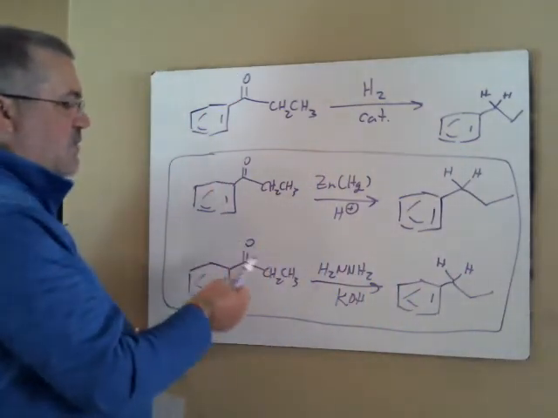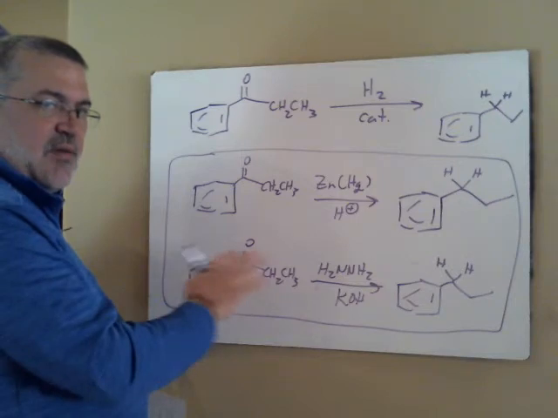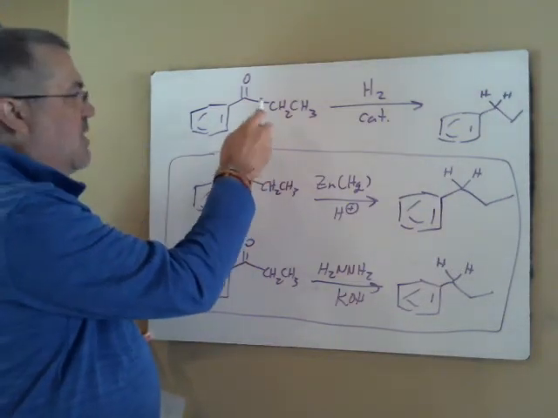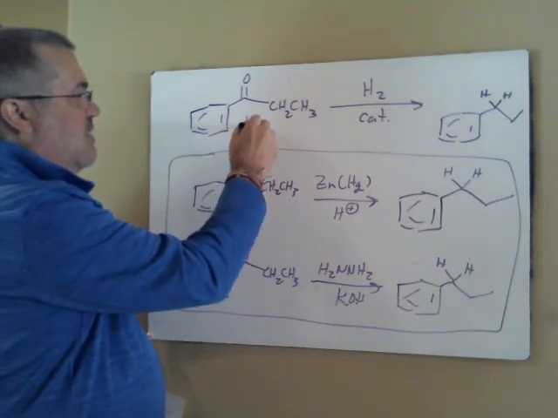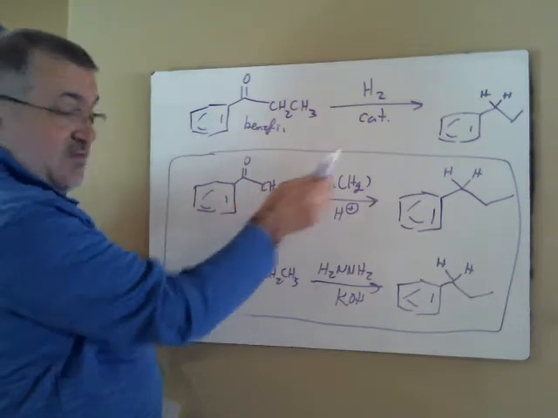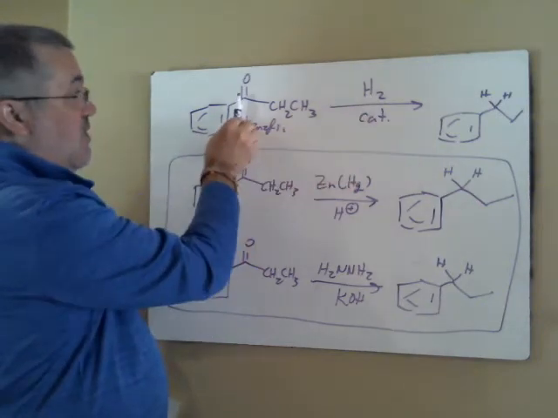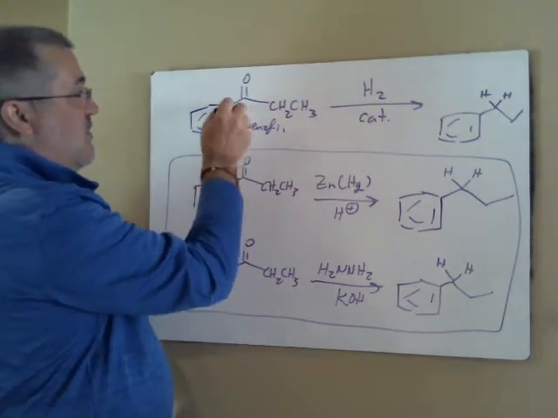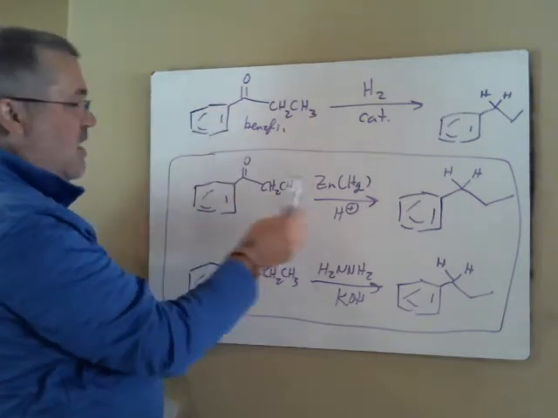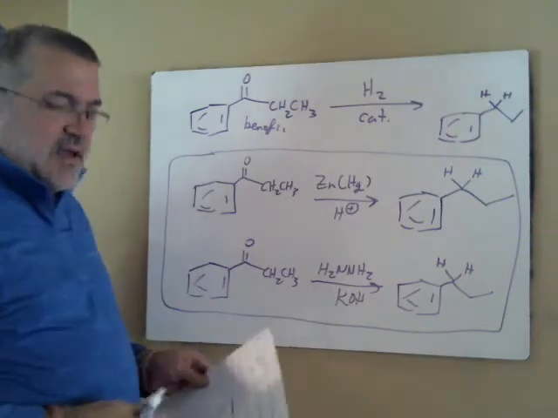Now the other thing that's important is these 2 will reduce carbonyls anywhere on the molecule. This one only reduces carbonyls when it's benzylic. So that's another difference, and we've talked about that, right? These conditions only work to reduce this carbonyl if it's once removed from the aromatic ring. These 2 will reduce any carbonyl.